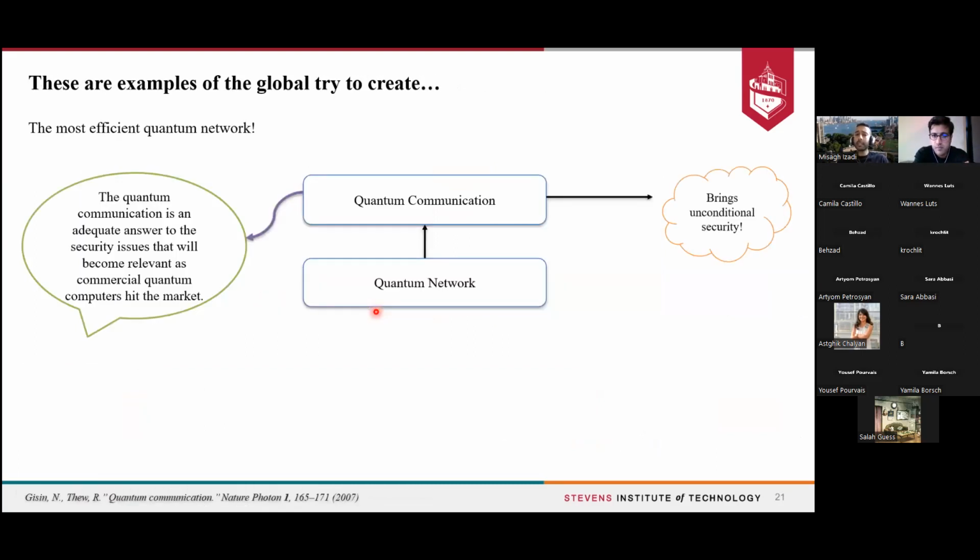But I guess the fair question to ask at this point is why we need quantum networks and quantum communication. Imagine years from now, there's going to be the first commercial quantum computer. IBM and Google already have some very basic quantum computers. Of course, it's not a commercial one, but sooner or later it's going to be there.